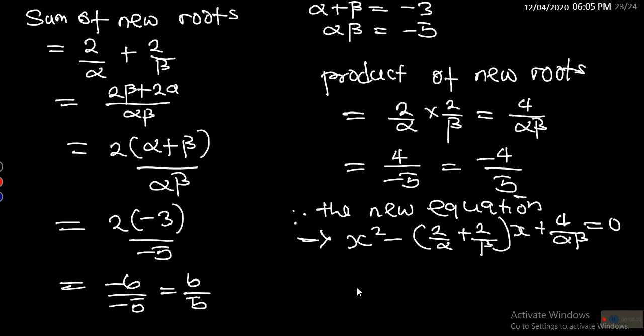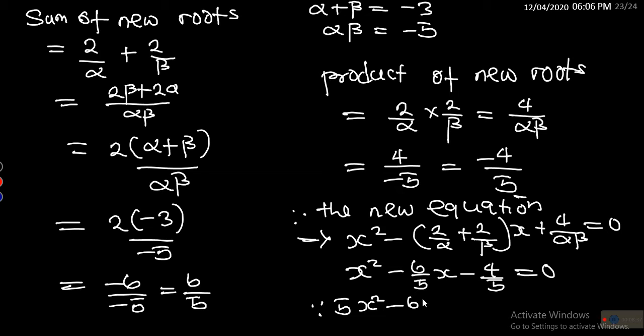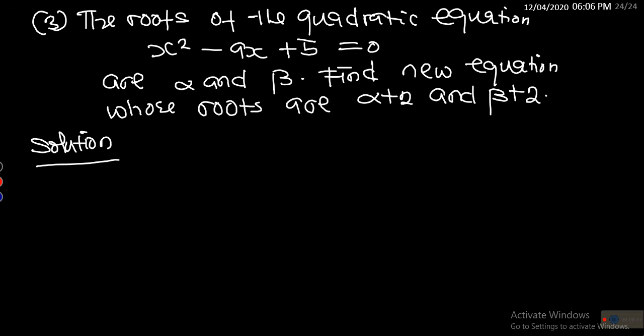So we have x squared minus 6 over 5 x minus 4 over 5 equals 0. And if you multiply all through by 5, you have 5x squared minus 6x minus 4 equals 0 as your new equation, and then you are done.